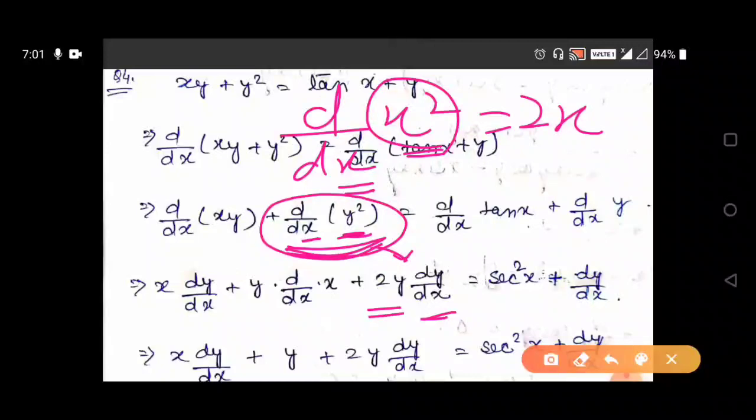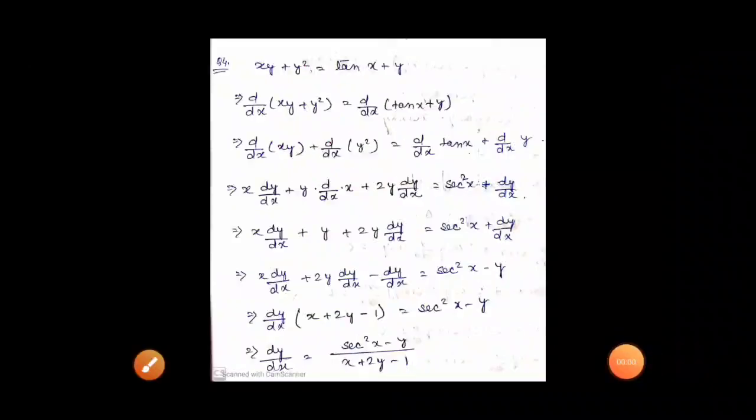So for that we have to keep 1 dy by dx. Whenever we differentiate y with respect to x, then we have to keep dy by dx. This is question number 4.